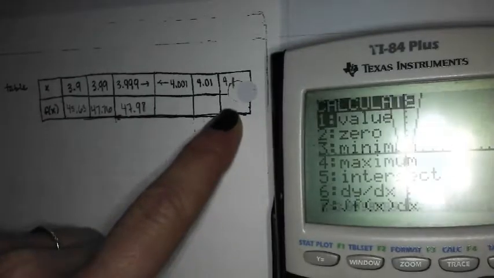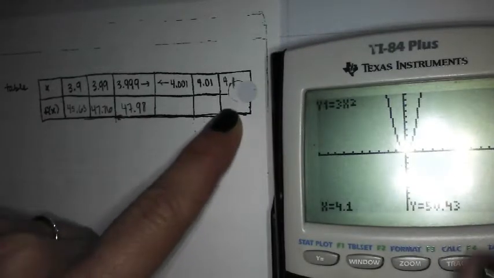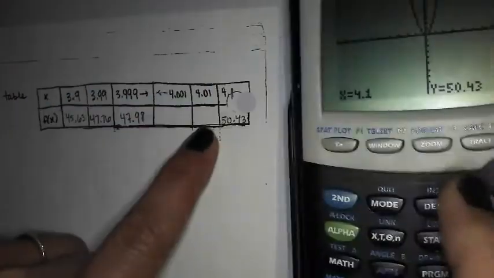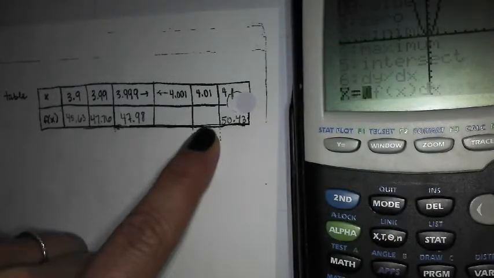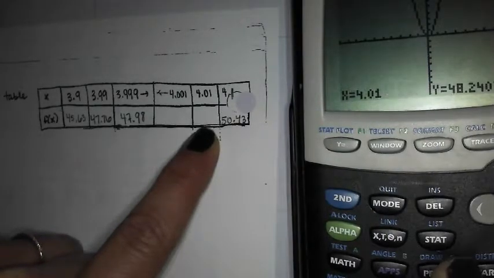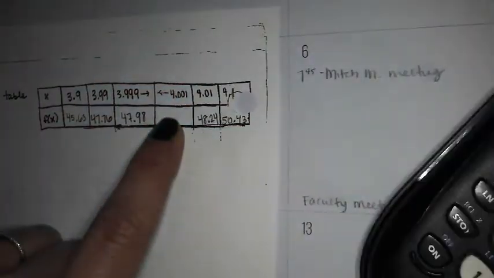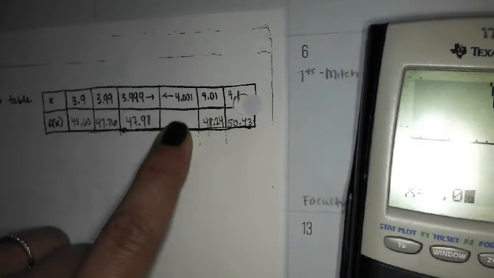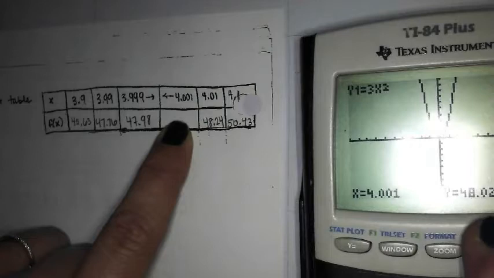On the right-hand side, second trace, value, 4.1, gives us 50.43. Second trace value, plug in a 4.01, gives us 48.24. And second trace, 4.001, gives us 48.02.